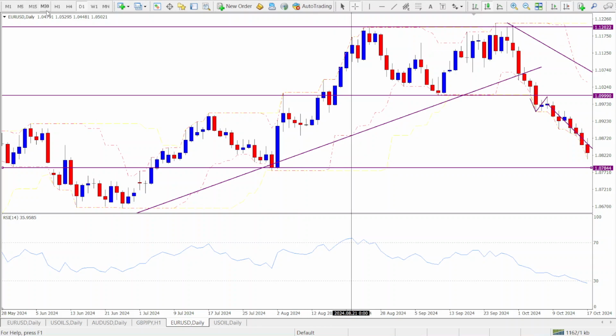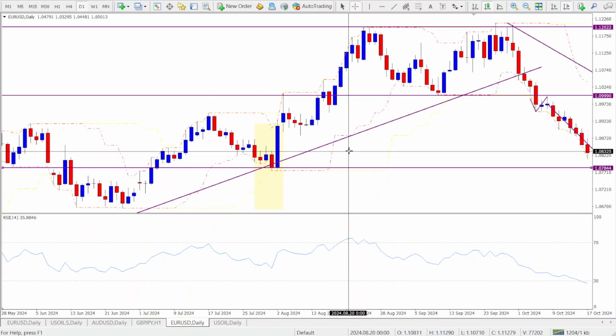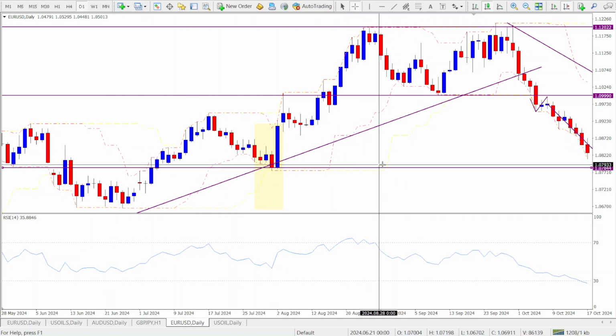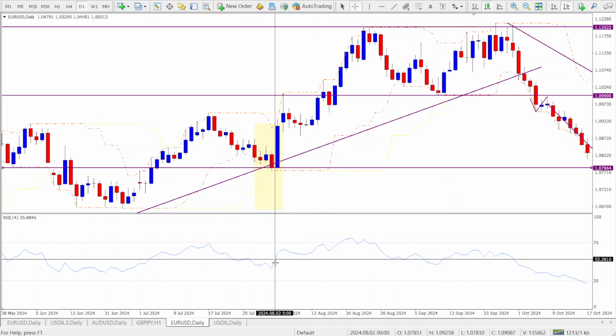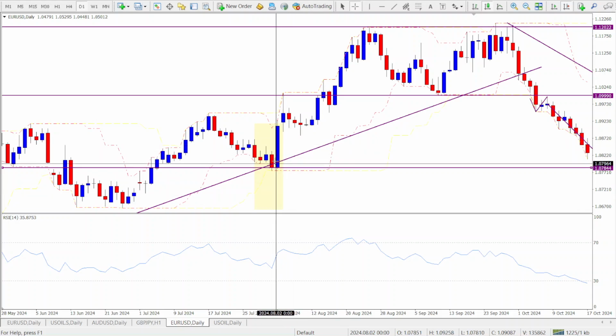So we literally had a confluence around here, right? Around this whole zone, we had a confluence, because we had the total channel indicator give a buy signal, we had the trend line give a buy signal, we had the horizontal support give a buy signal, we had the RSI give a buy signal, and we even had a bullish engulfing candlestick pattern.